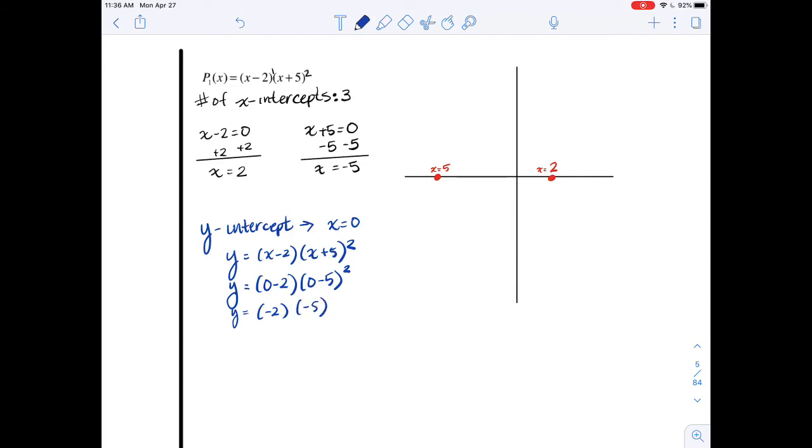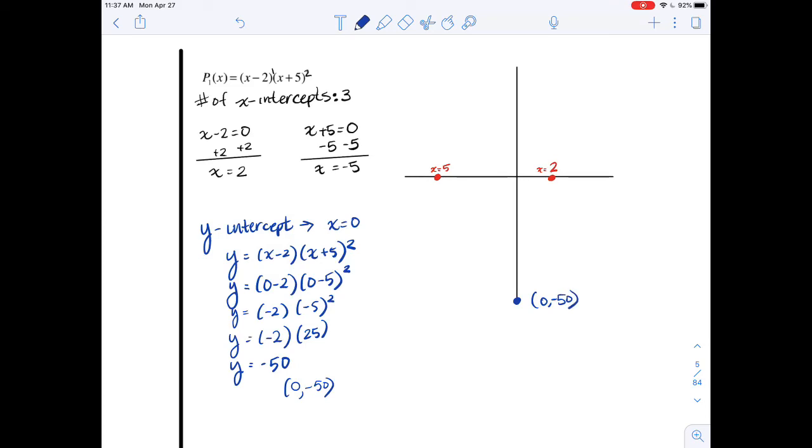This is equal to 5 squared, which is 25. So our y-intercept is going to be at negative 50. So it's going to be (0, negative 50). And we're going to assume, because it's a sketch, that this is the y-intercept at (0, negative 50).